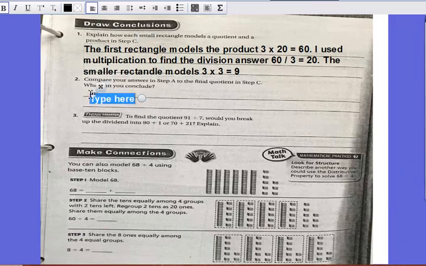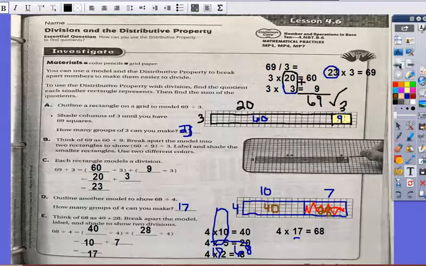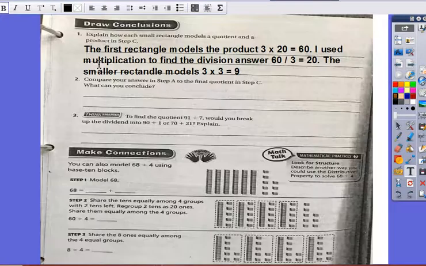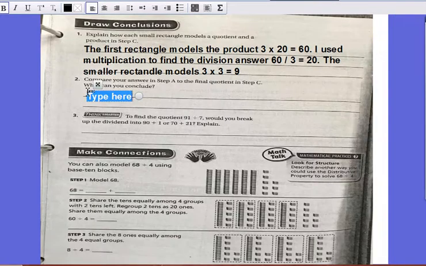Alright, number 2, compare your answers in step A to the final answers in step C. So coming back here, we're comparing the answer in step A to the answer in step C. They are the same.